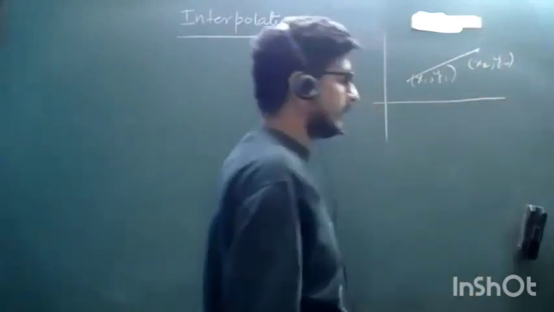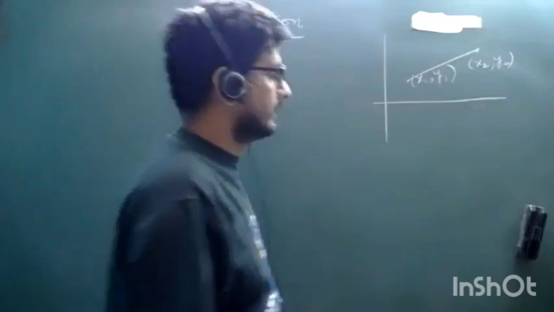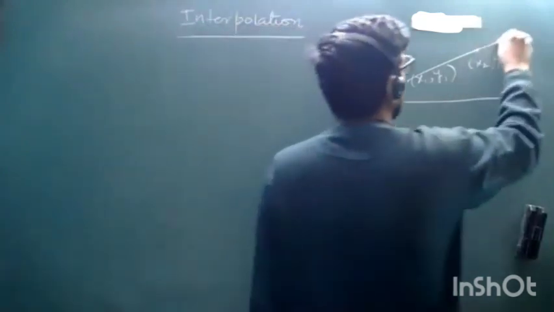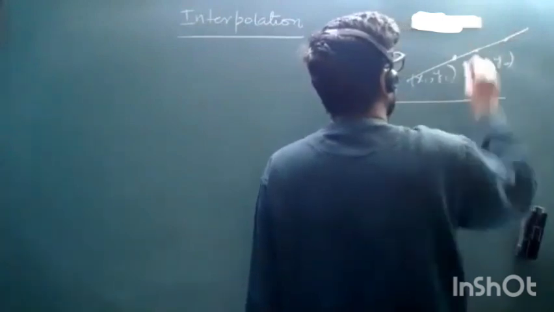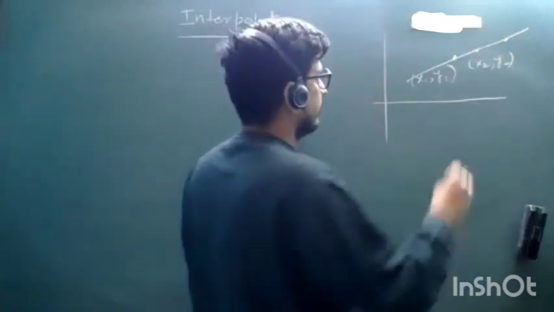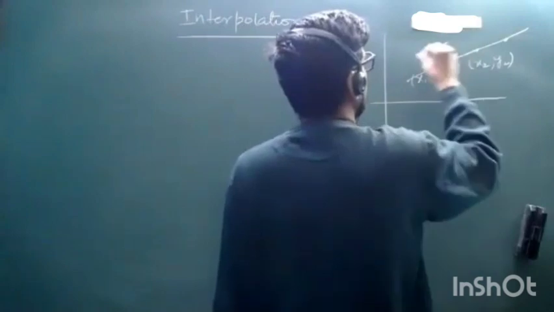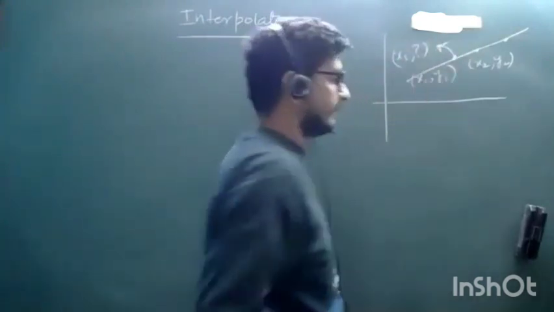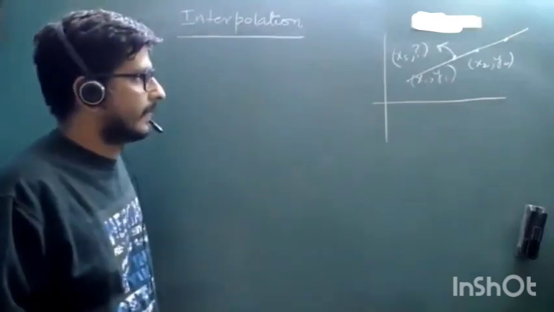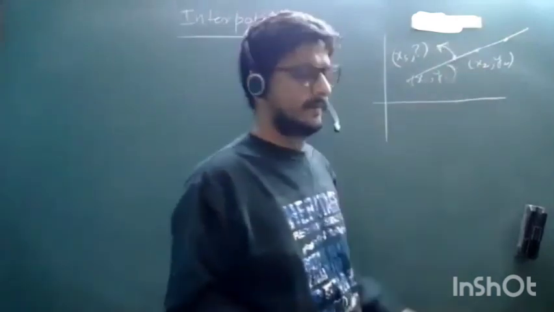These are the points, and suppose on the same line there is a point here or here. Suppose this is the point, some x3, and we don't know what is y3. Okay, so that can be calculated.